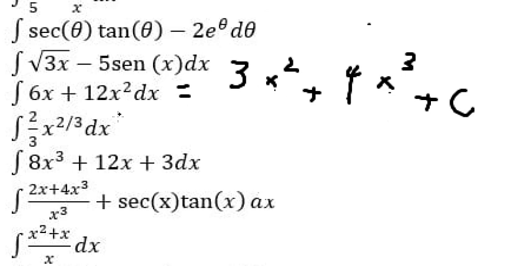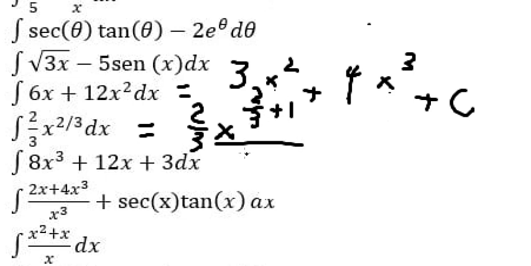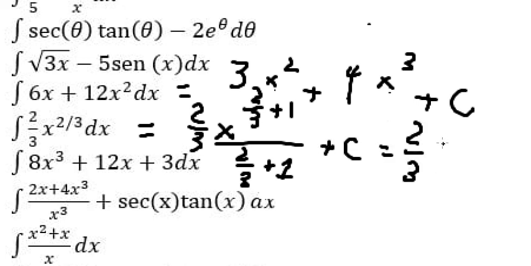This one, you get 2 over 3 plus 1, over 2 over 3 plus 1, and we put c. So this one you get 5 over 3, over 5 over 3. And we put c in here.